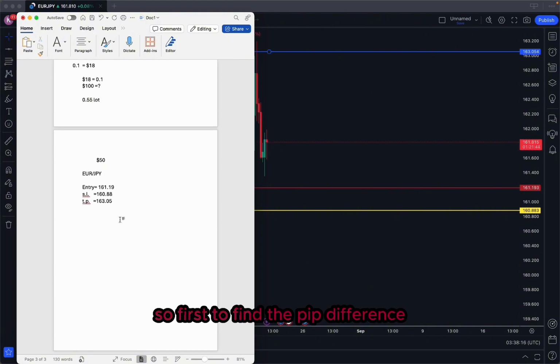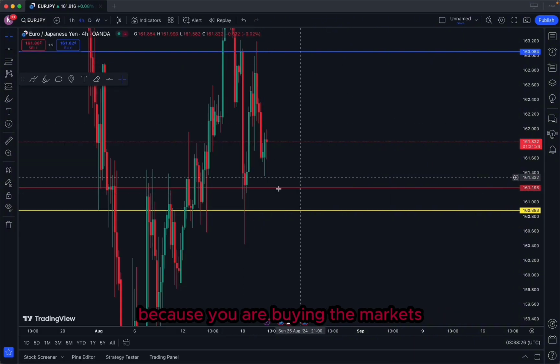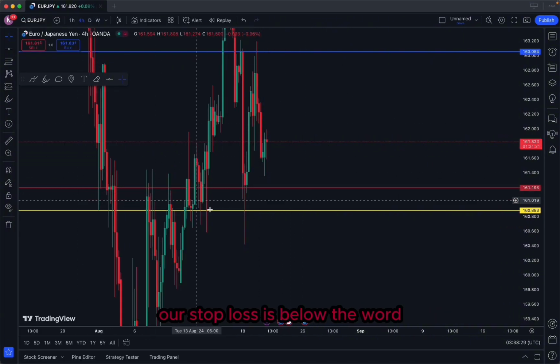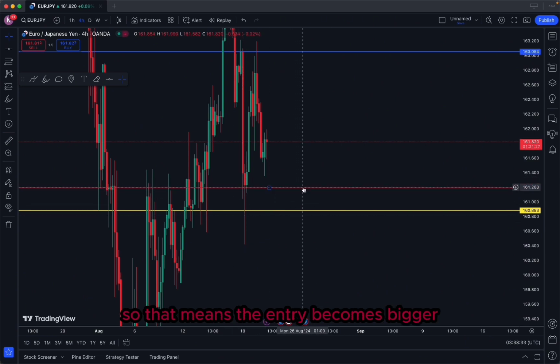So for us to find the pip difference between the entry and the stop loss, we subtract the smaller one from the bigger one. Because you are buying the market, our stop loss is below the entry, so that means the entry becomes bigger.